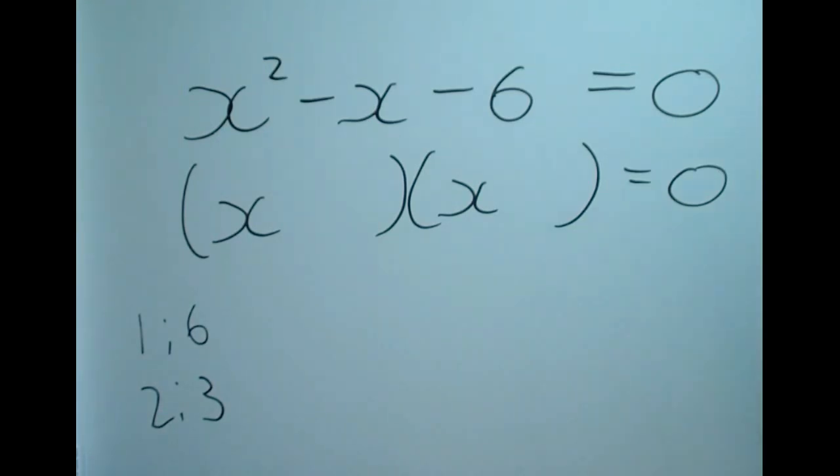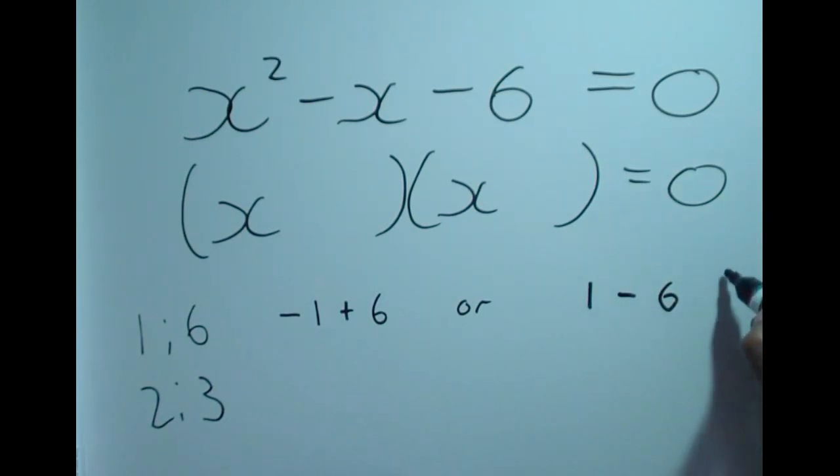Now, the negative 6, this negative over here, tells me that the two factors have to be different signs, and they need to give me minus 1, because minus 1 is my middle number. So if my factor pair of 1 and 6 is correct, I will either have minus 1 plus 6, which gives me positive 5, or I can have 1 minus 6, which gives me minus 5. But I need a minus 1, so this does not work.